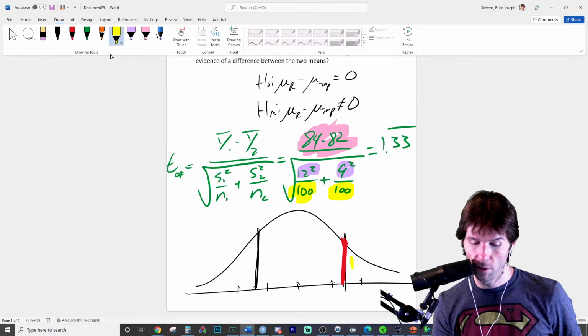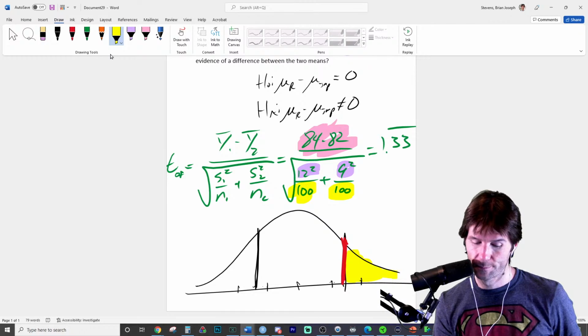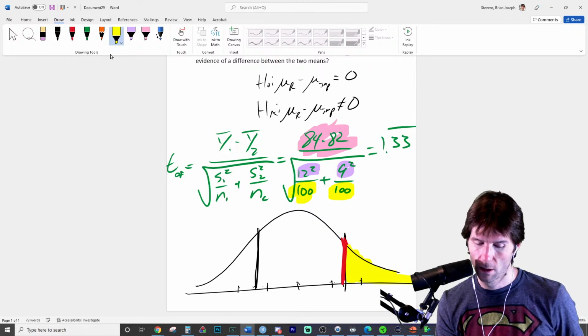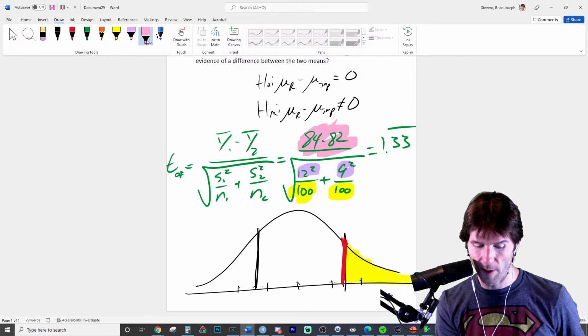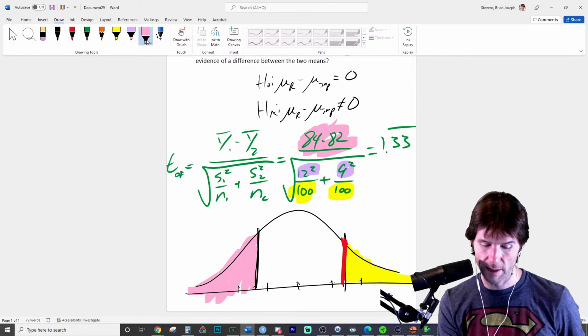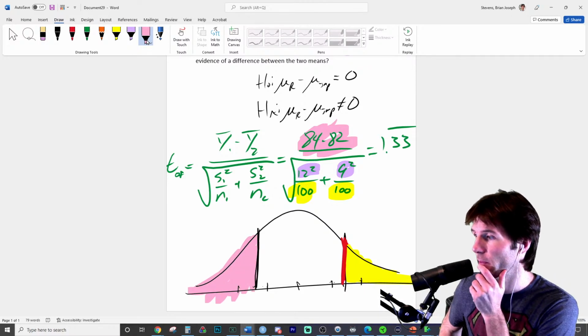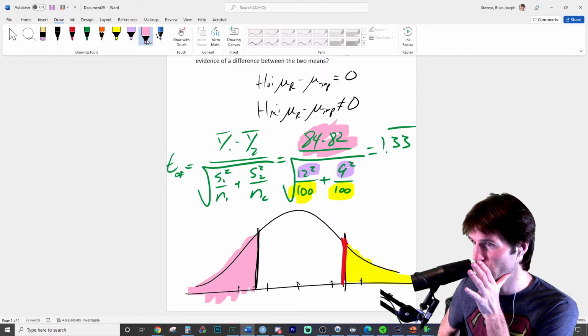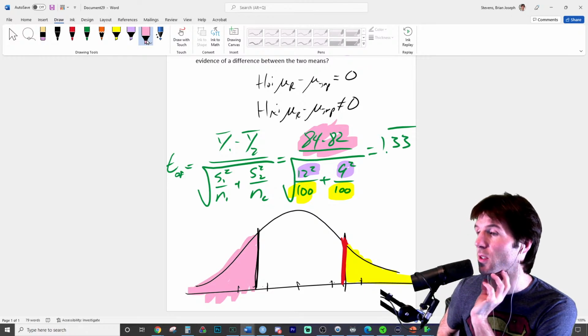And so here's the thing. This p-value right here, I have a guess of. Well, sure, we'll do it like this. The whole thing shaded is the p-value, both sides shaded, because we're just doubling it. It's double, I promise.